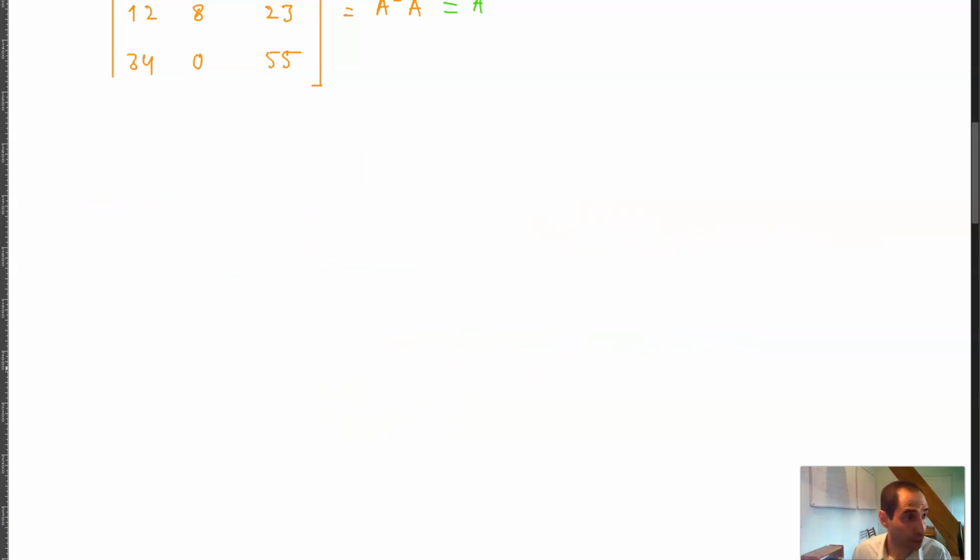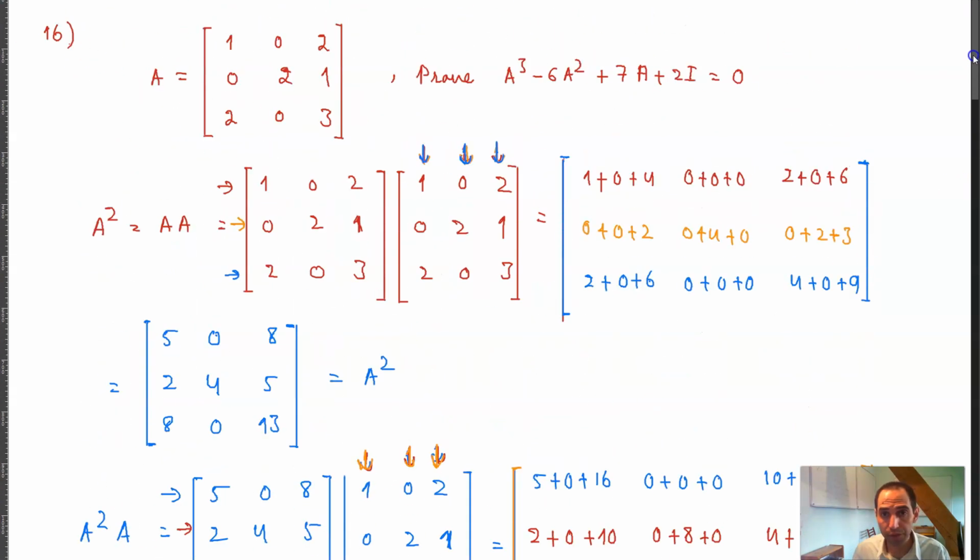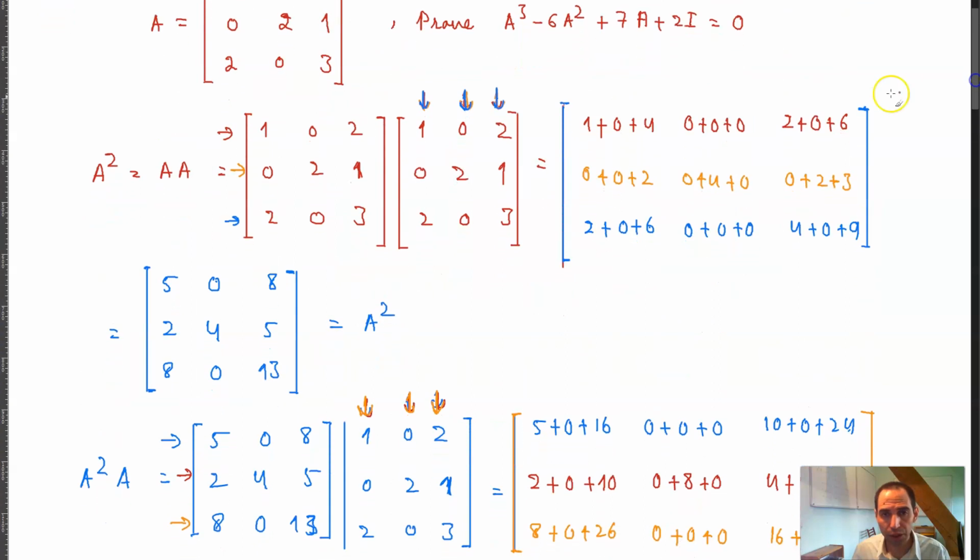Okay, so now since we know what A cube is, and we know what A squared is, and we know what A is, and so on and so forth, we can write this equation.